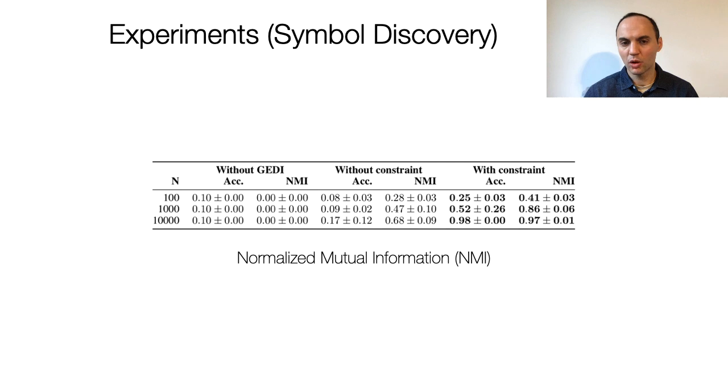But importantly, what we can also say is that without the constraint, so without the Problog, without the reasoner, we are able to discover quite well the symbolic representation when we have a large number of examples. So for example, here we have 10,000 examples. So in that case, we are still able to discover the symbolic representation, which is already a good result.